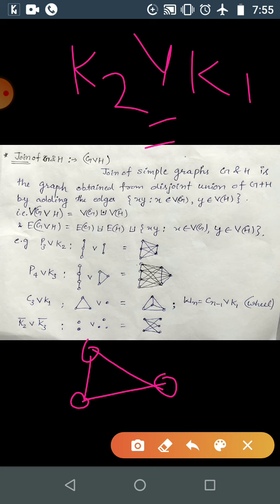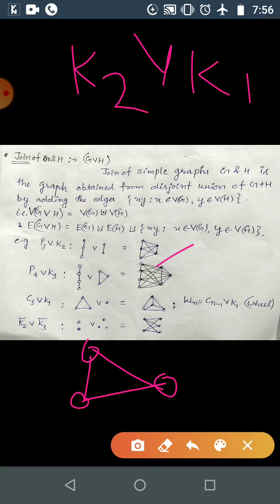And what I discussed is that the chromatic number of the join of G and H is the chromatic number of G plus the chromatic number of H, the sum of both chromatic numbers.